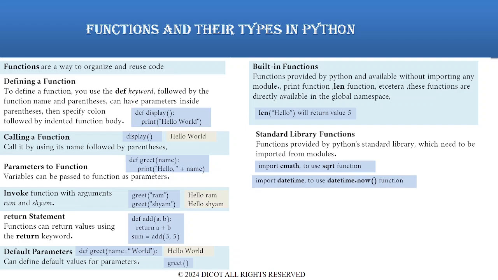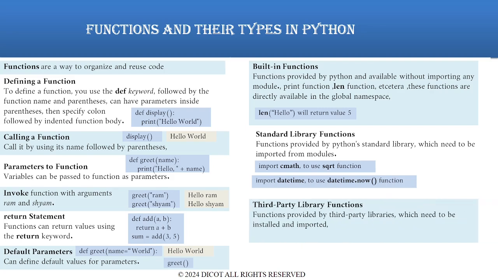Third-party library functions. Functions provided by third-party libraries, which need to be installed and imported. Example: we need to import requests in order to use get function which accepts URL and returns its page contents.